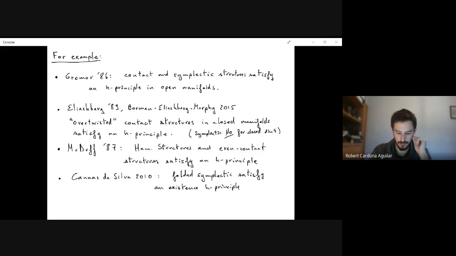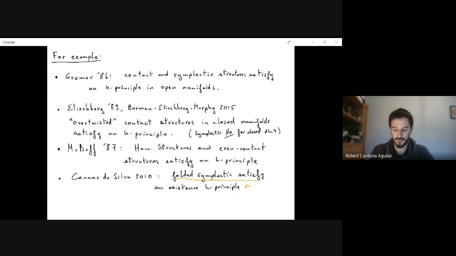And another, more recent example will be folded symplectic structures, which perhaps you have heard me speaking about. So this is not a symplectic structure. It's what's called folded. It has a very controlled singularity. And this satisfies an existence H-principle. By the way, I forgot to say that for closed manifolds, contact structures satisfy an existence H-principle, but this is not the case in symplectic manifolds.